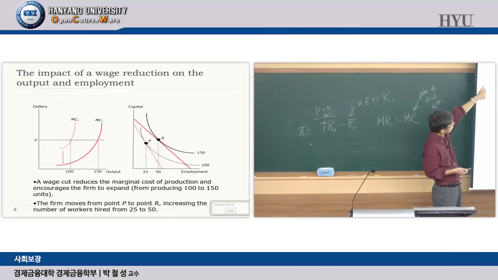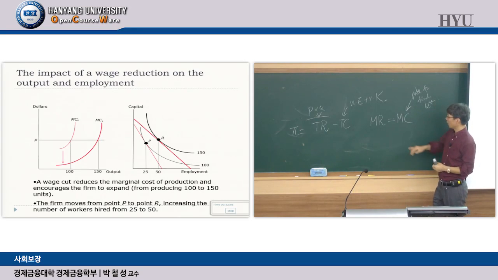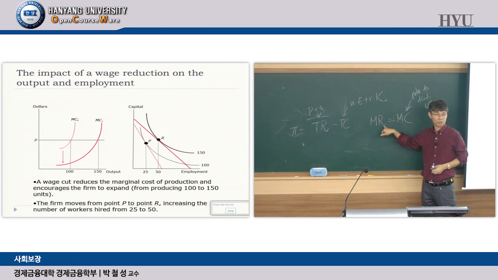Now, first thing, let's think about, let's say wage goes down. What happens? Obviously, marginal revenue will not change. In the competitive market, marginal revenue is just the price. But marginal cost will be lower if the wage falls, everything else equal. Labor becomes cheaper, so to produce 1 more unit, the firm will pay less.